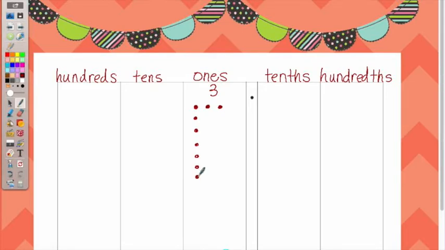Now I figured out I only have to count the first one, and then I can just put them right across from it.